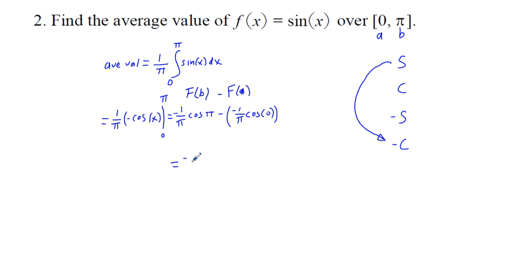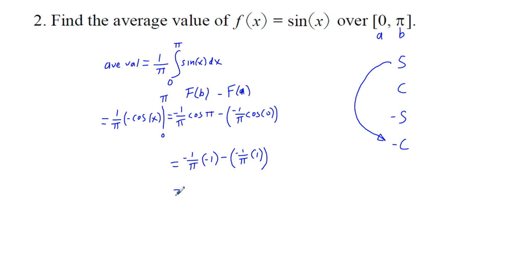So we have negative 1 over pi, and the cosine of pi is negative 1, and we're going to have minus negative 1 over pi, and the cosine of 0 is 1.